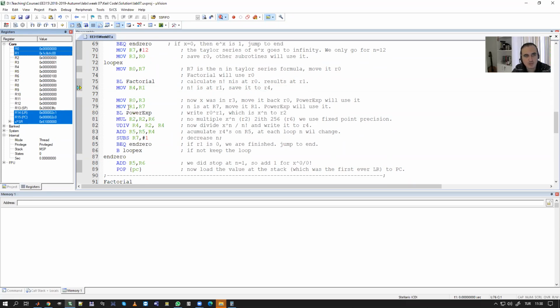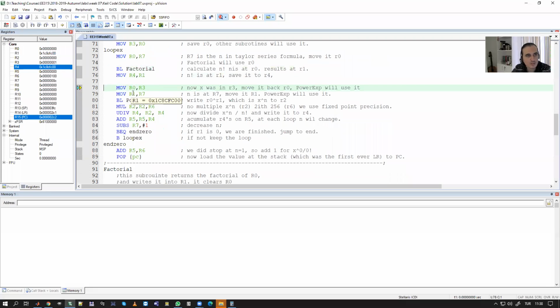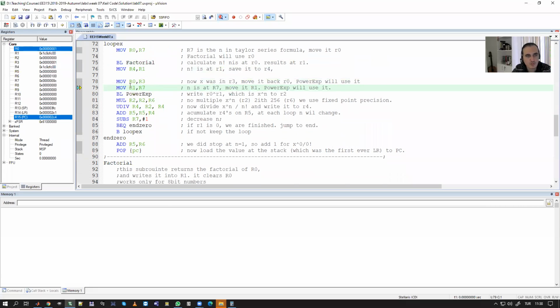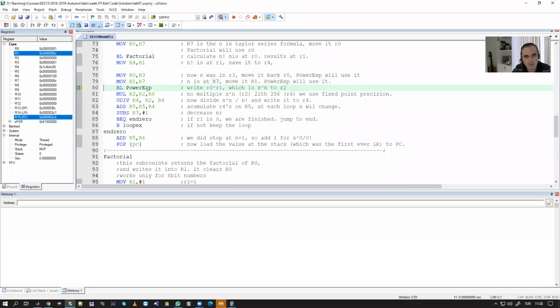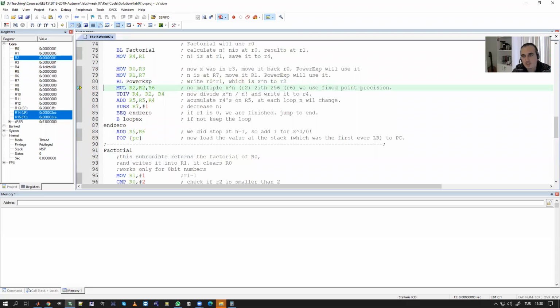And as we went on, I saved it somewhere. Where am I? Yes, R4. In R4 I have got this value, R0, R3. I'll calculate the power of the value. So I've got x to the 12 over 12 factorial. At this point, I have this.